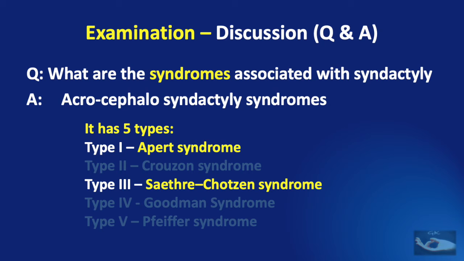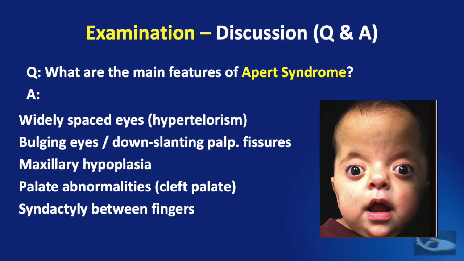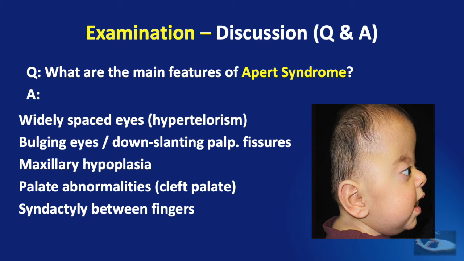Of these, the 2 most important are the Apert syndrome and the Saethre-Chotzen syndrome, and we shall see their main features. Apert syndrome is characterized by widely spaced eyes or hypertelorism, bulging eyes, and downslanting palpebral fissures, maxillary hypoplasia, palate abnormalities like cleft palate may be present, and syndactyly between fingers.